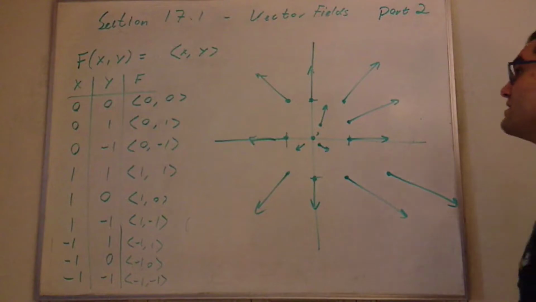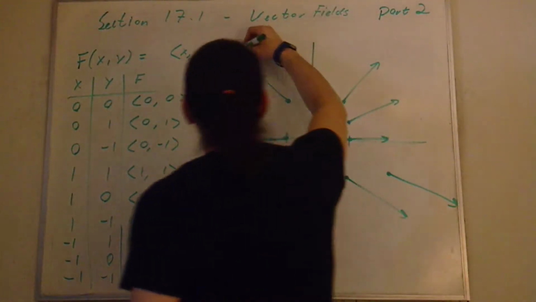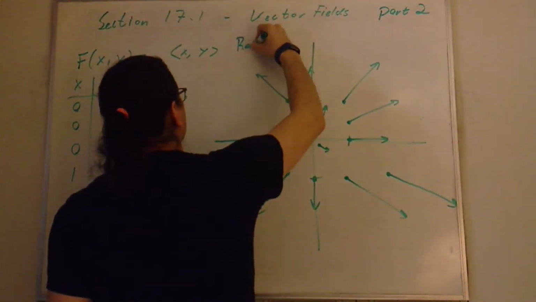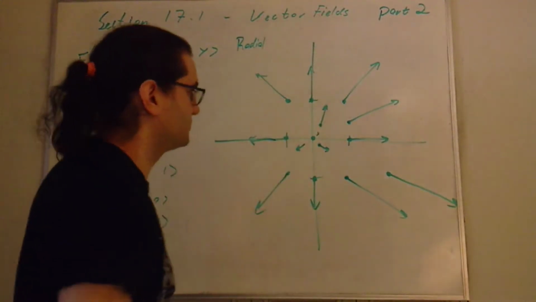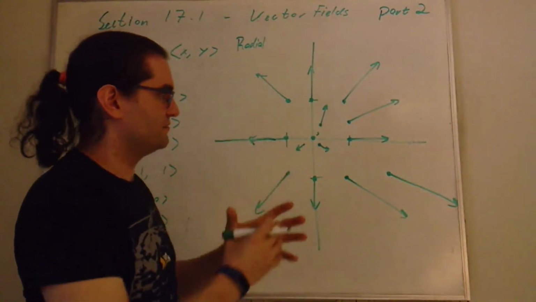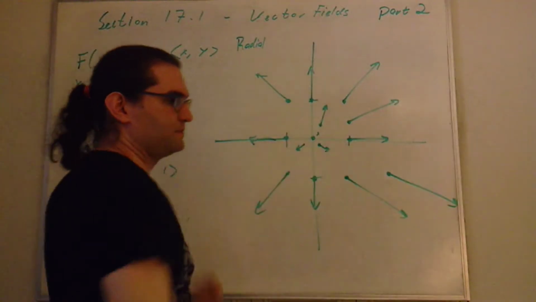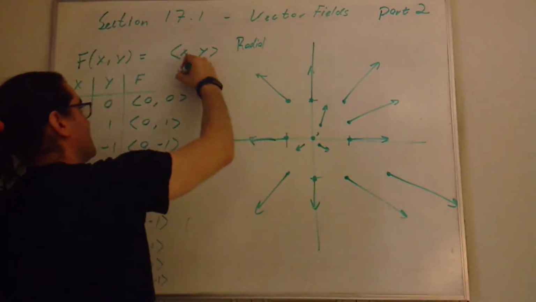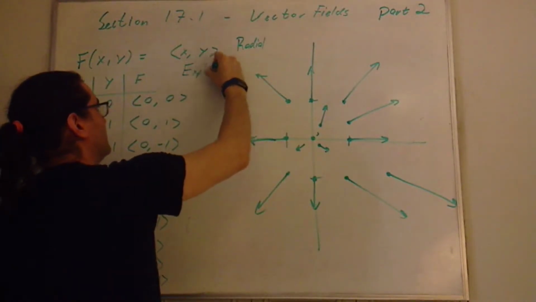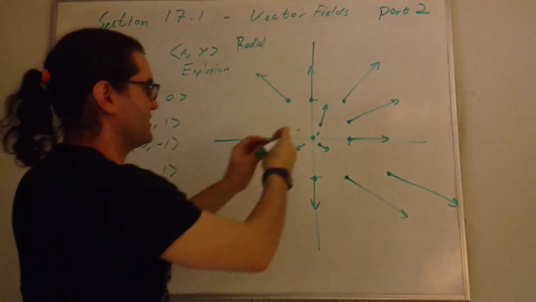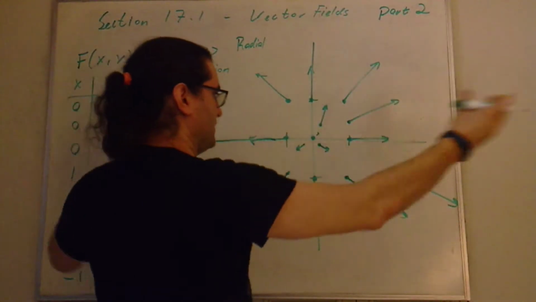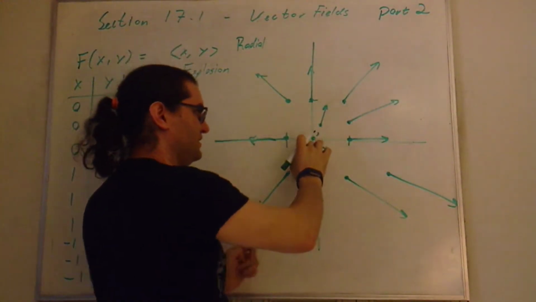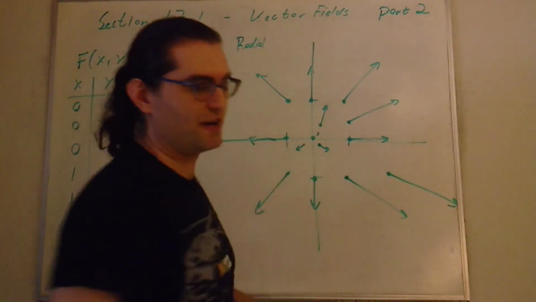I think the official name for this vector field is called the radial field, because it sort of radiates outward. I like to call this a variation of the explosion field, because it kind of looks like an explosion, like everything in the middle is going straight outwards.